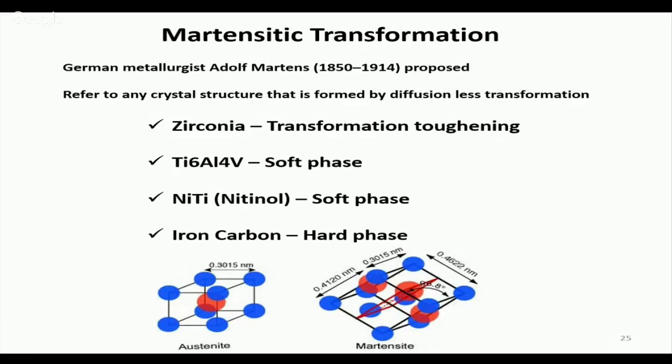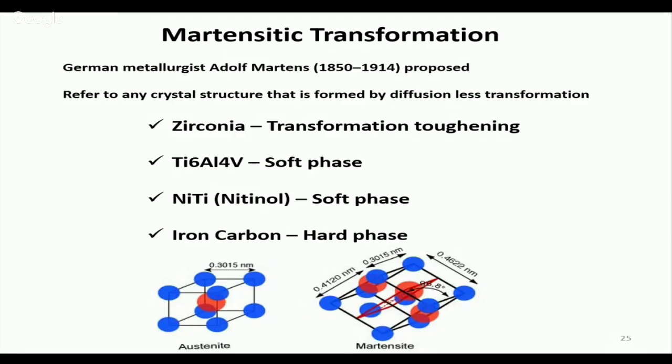But you have to note here, for zirconia, we get enhancement in mechanical properties. It becomes very tough. For Ti64, it becomes soft. For nitinol, also it becomes soft, and for iron carbon, it becomes a hard phase. So the phase we get for zirconia is a hard phase, for Ti64 we get the soft phase, for nitinol also the soft phase, and for iron carbon, the hard phase.